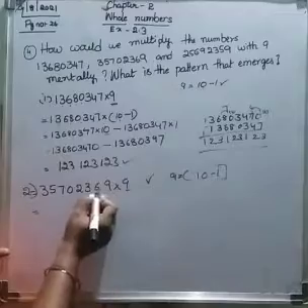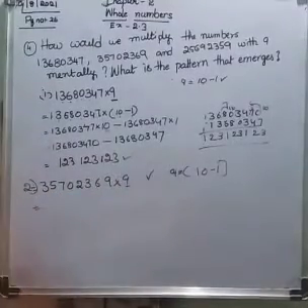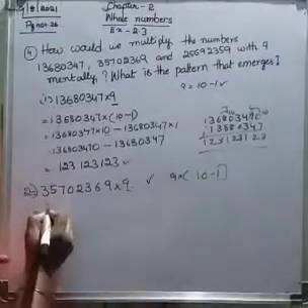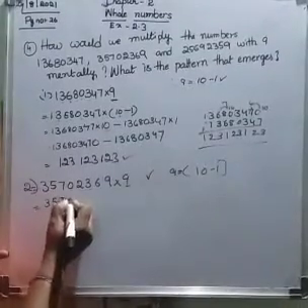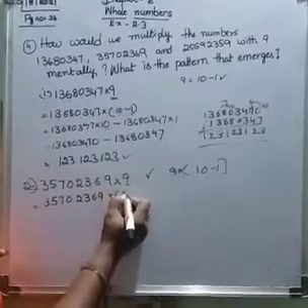This number is 1, 2, 3, 4, 5, 6, 7, 8, an 8 digit number. 3, 5, 7, 0, 2, 3, 6, 9 into 10 minus 1.